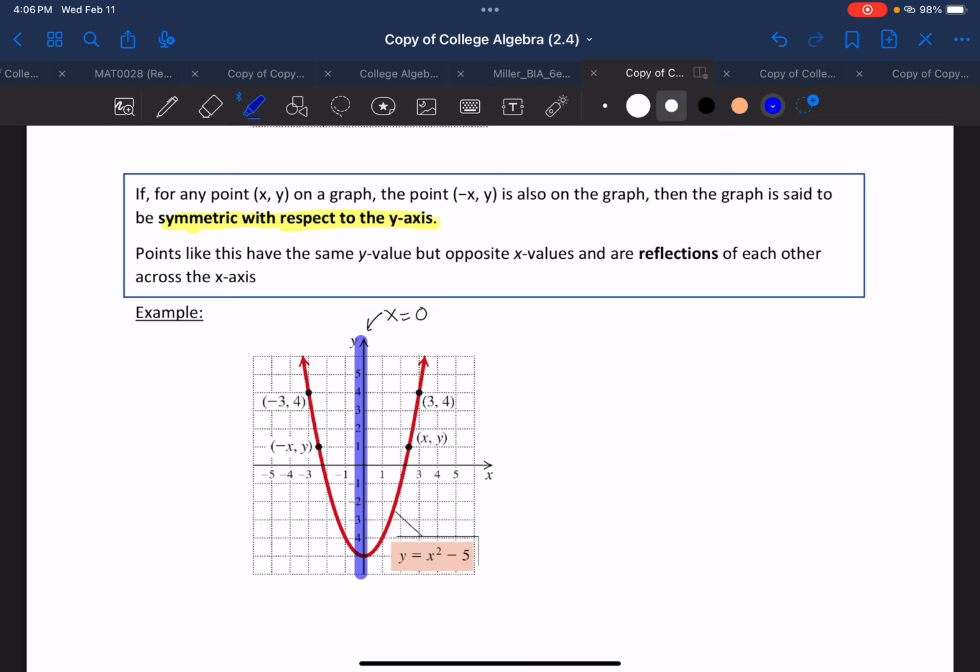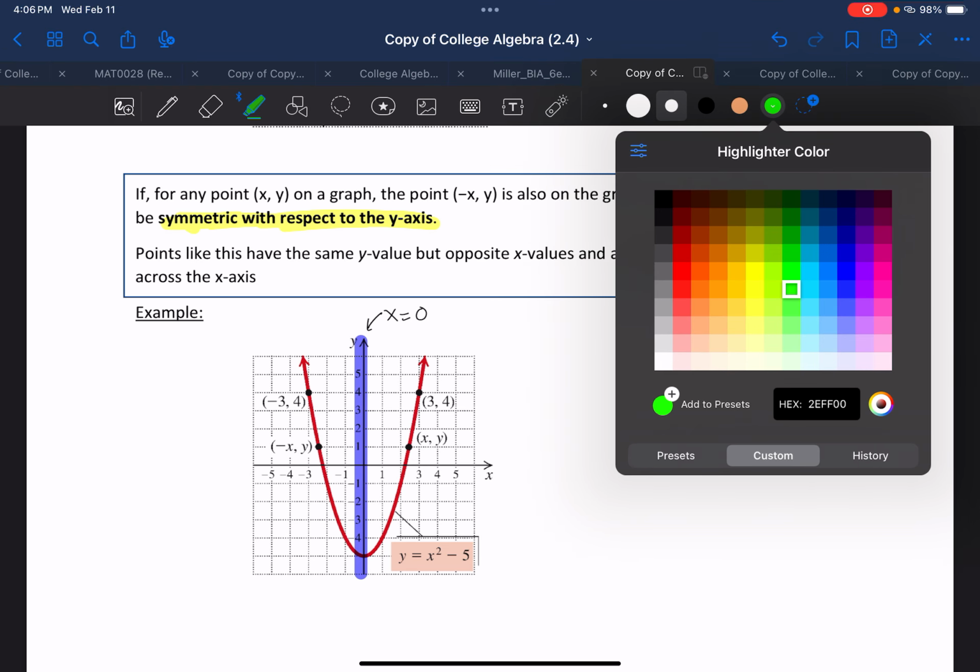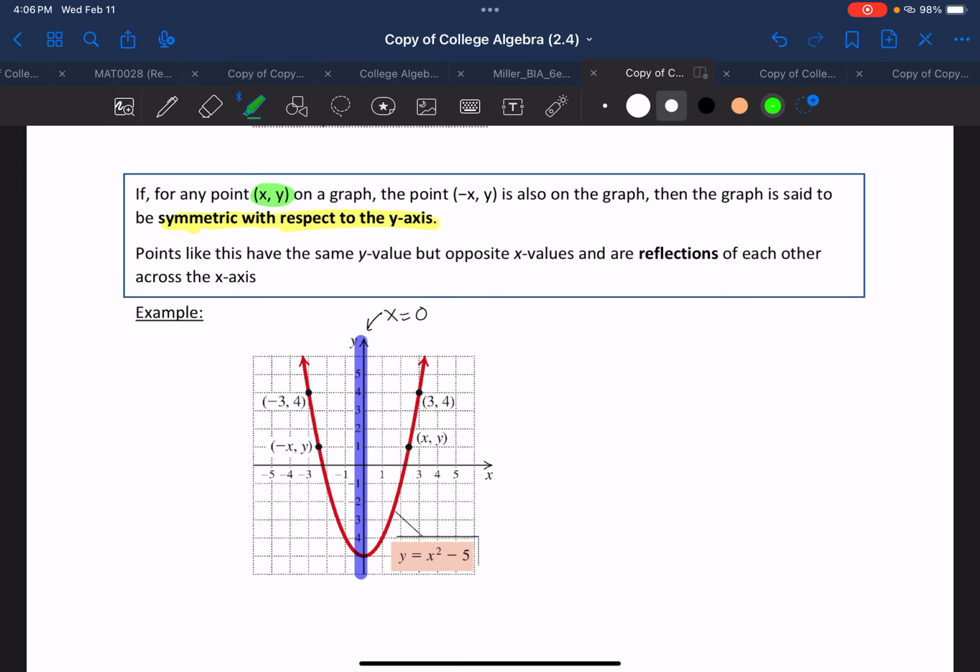And so the points on this graph have the property that if the point (x, y) is on the graph, so I'll use that point, then the point (-x, y) is also on the graph, because I'm going across the y-axis now, so my x values would be opposite, but the y values would be the same because they line up horizontally.